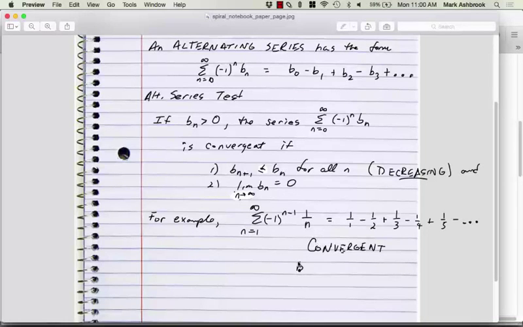This is convergent by the alternating series test because it meets the conditions: the Bn is decreasing and the limit goes to 0. We're never going to add more than the first subtraction. The first one chops the value in half, like 1 minus a half, and then we're only adding little bits and subtracting little bits.